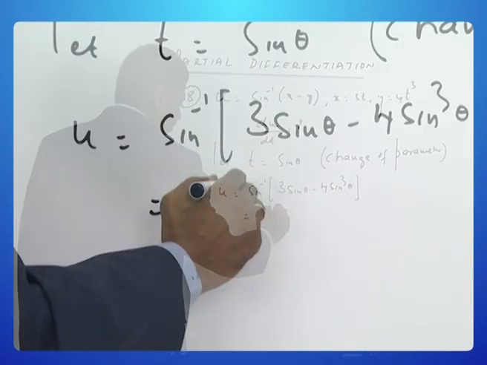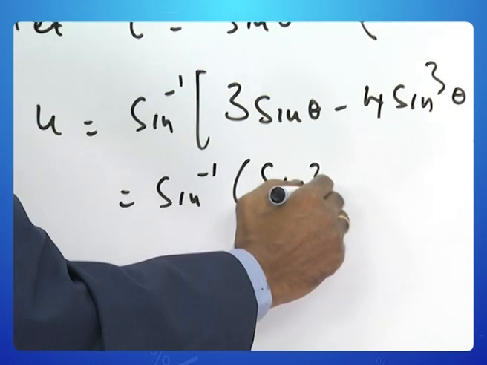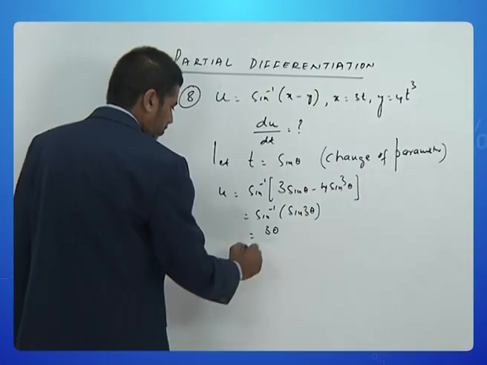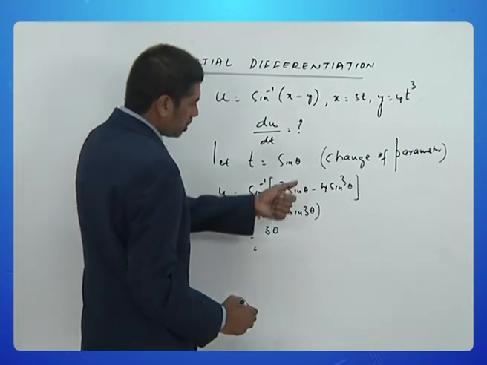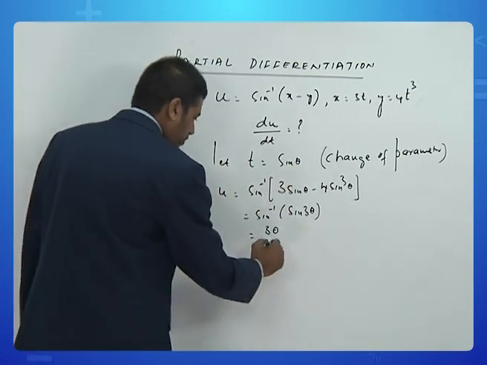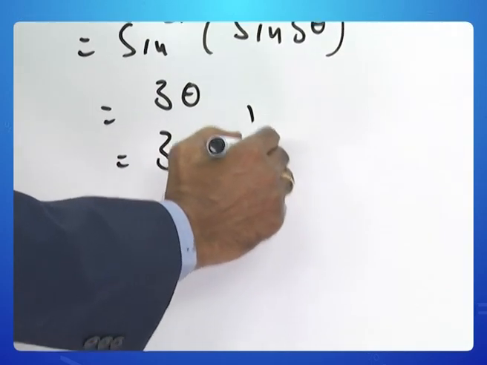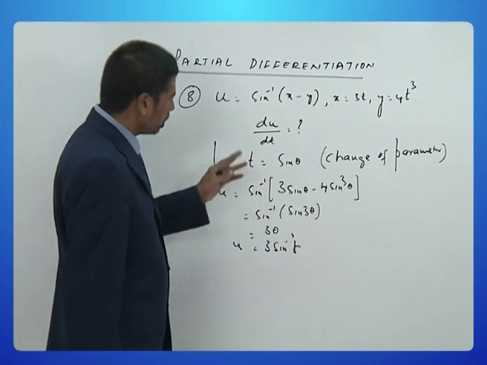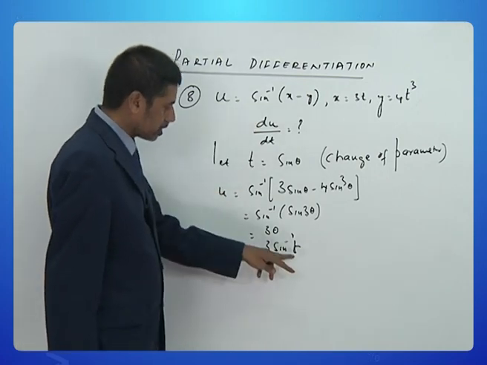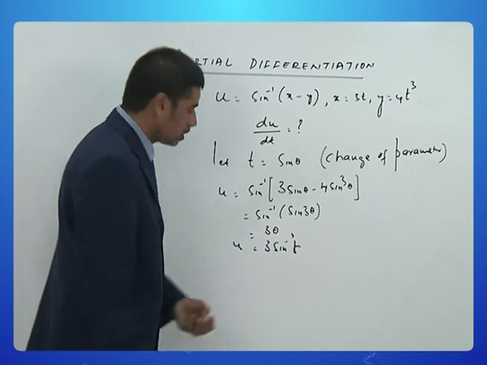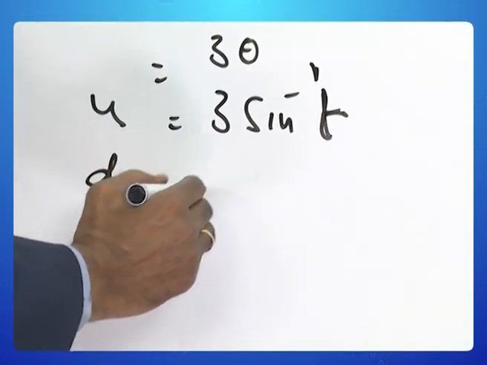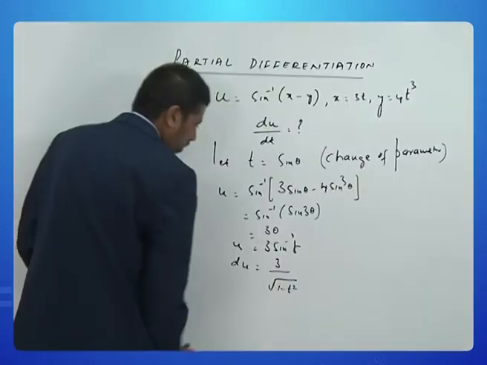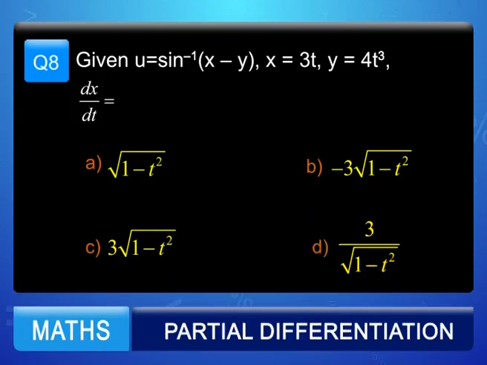This is sine inverse of sine 3 theta, which is 3 theta. But you can see theta is sine inverse t. So what we have achieved in this problem is to express u in terms of the parameter t in a very simple way. So du by dt would be 3 by square root of 1 minus t square. So the correct option is D.